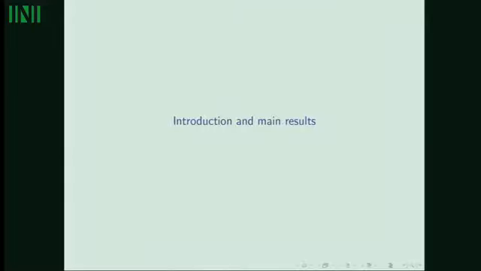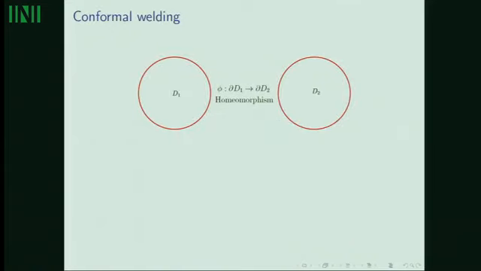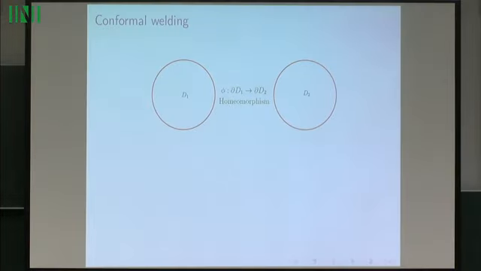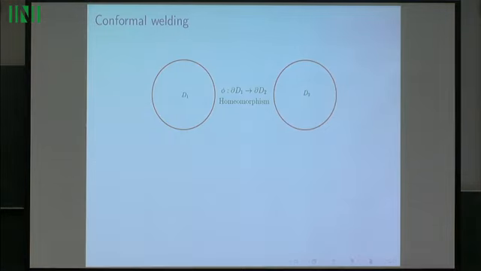I start with the introduction. So we are interested in the conformal welding problem. Here we are given two unit disks, D1 and D2, and also a homeomorphism phi from the boundary of D1 to the boundary of D2. And we want to glue together these two disks so that their boundaries are identified with respect to this phi.